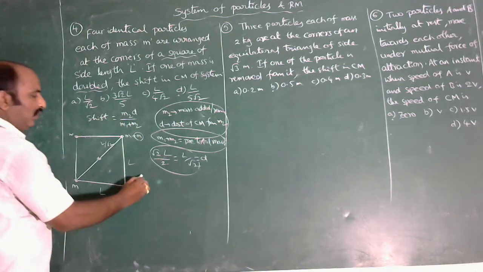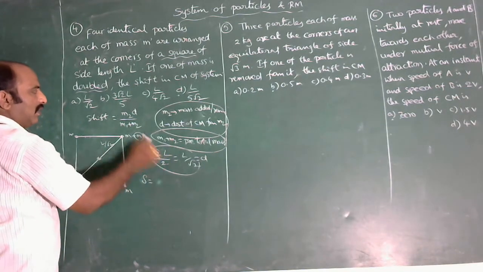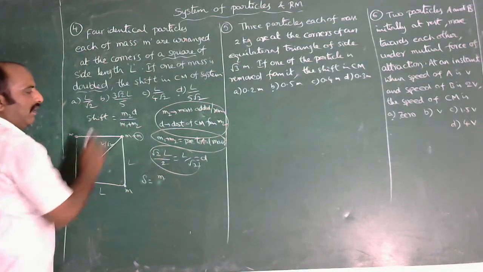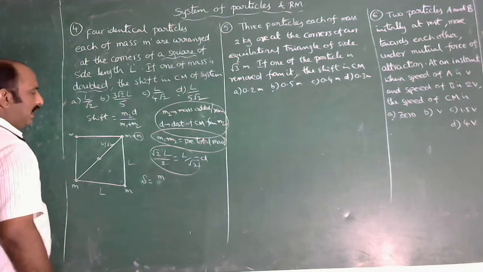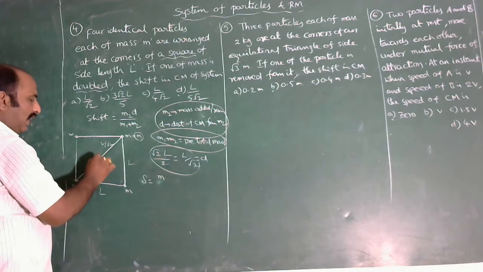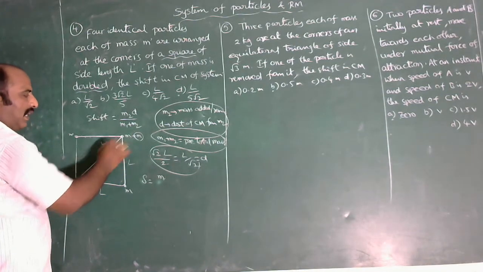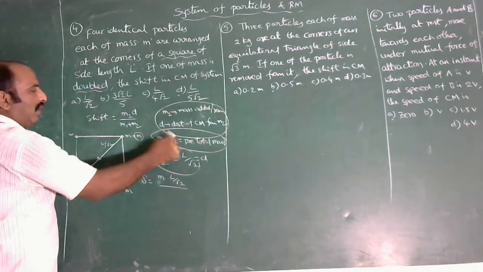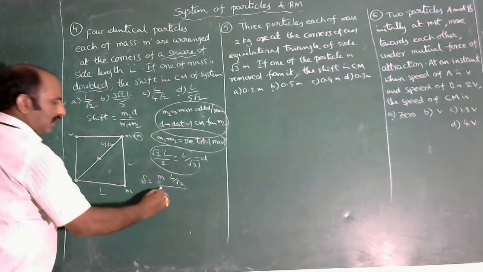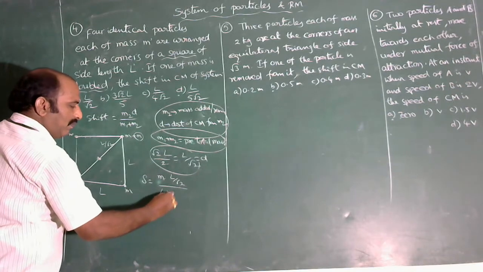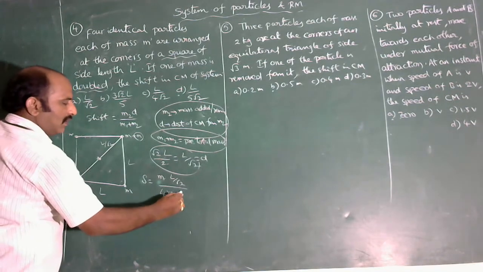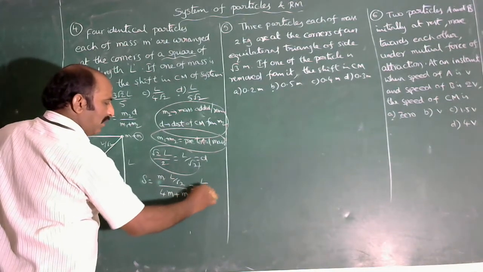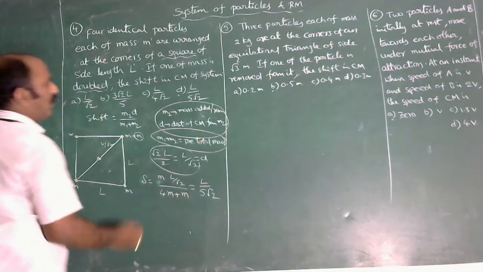Now shift is equal to mass added, small m, into d, where d is the distance of center of mass from the added mass, that is L by root 2, divided by the total present mass. Starting total mass is 4m plus small m extra. Finally we get L by 5 root 2. So option D is correct.